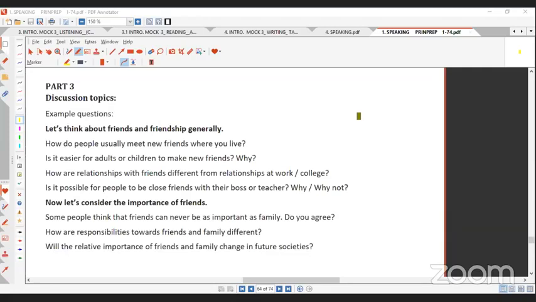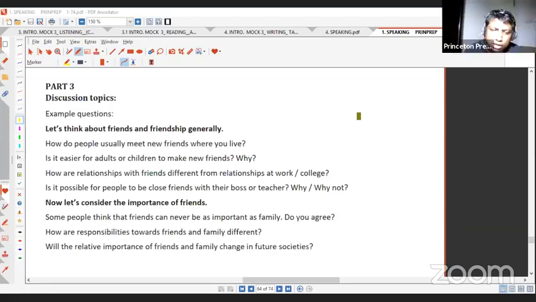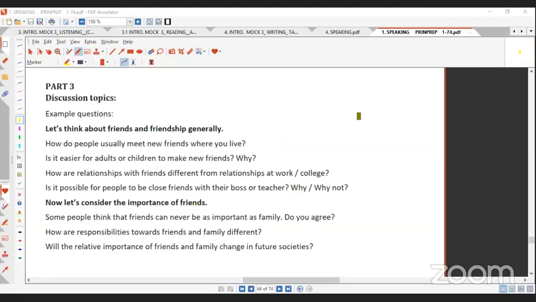Otherwise, it may turn dangerous for you. You're trying to say that friends can be as close as family members, because friends can be a good companion, and a good philosopher, a good guide for shaping your career.